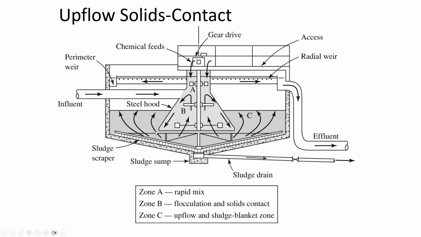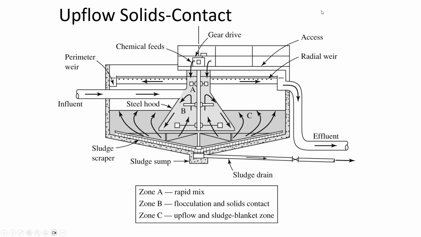So by the time the water exits this kind of central bell structure, the water has had a coagulant mixed in, flocculation has occurred, and these particles just now need to be settled. And so the water is flowing up, and the particles are settling down. And then there's this slow moving, kind of like a squeegee at the bottom.